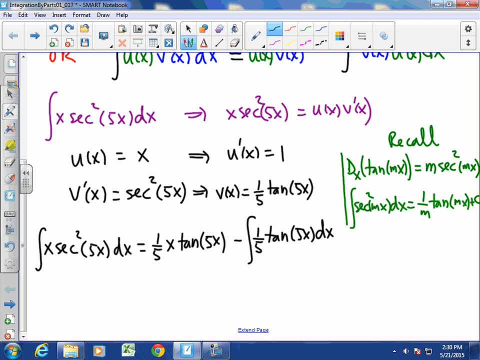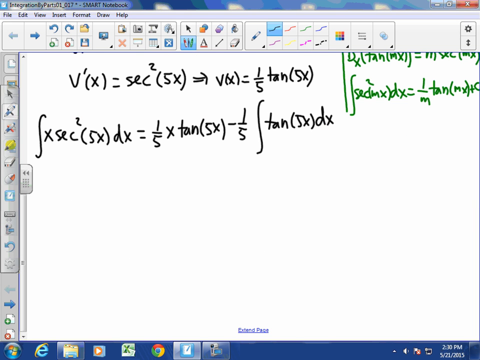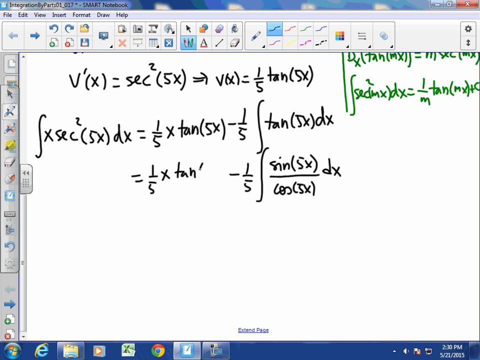Now see that in this integral we can move the 1/5 out, so we get minus 1 over 5 integral of that. And also realize that tangent is sine over cosine, so sine 5x over cosine of 5x dx. So negative 1 over 5 here, and 1 over 5 x tangent of 5x.